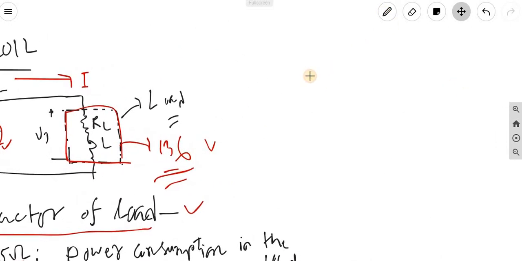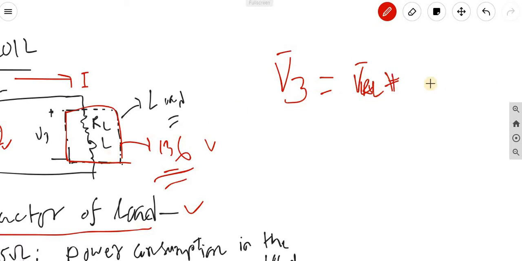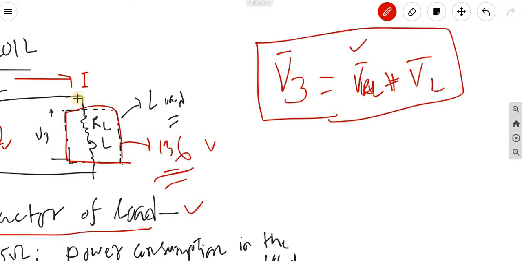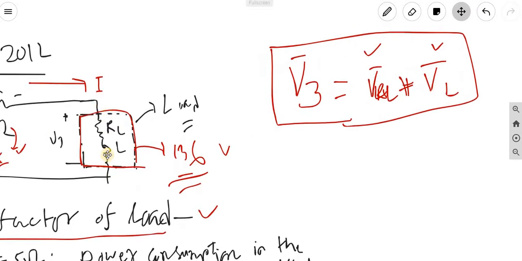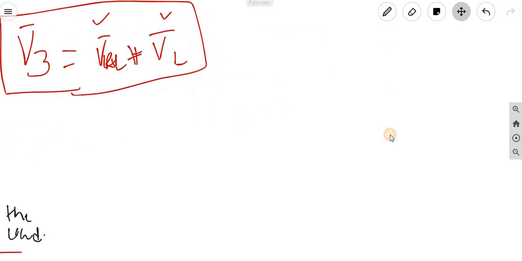The load voltage is V3, a combination of the voltage across R, L, that is VRL, and the voltage across the inductance L, that is VL. The current is the series current, the same common current, so we take it as the reference.